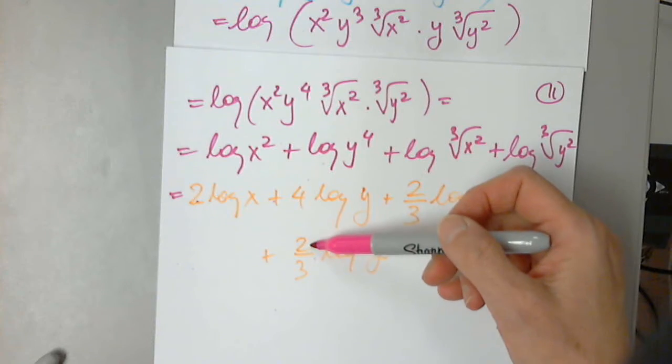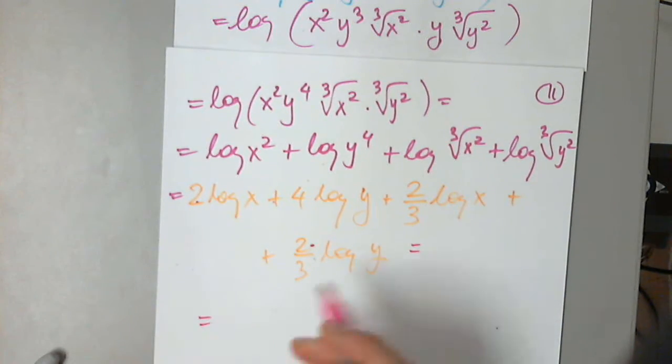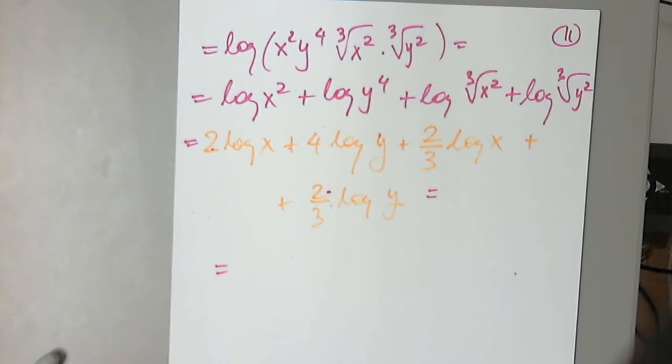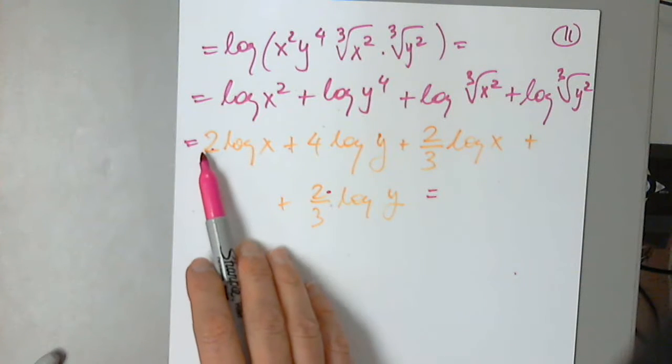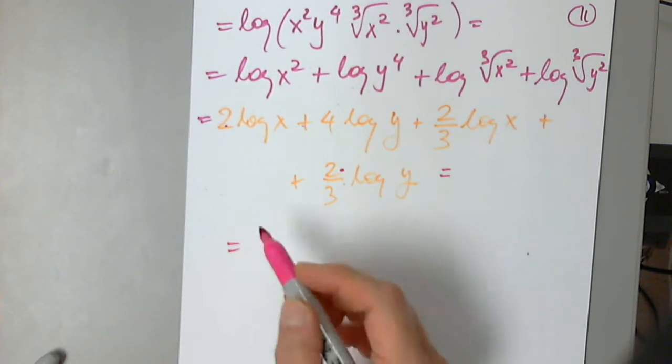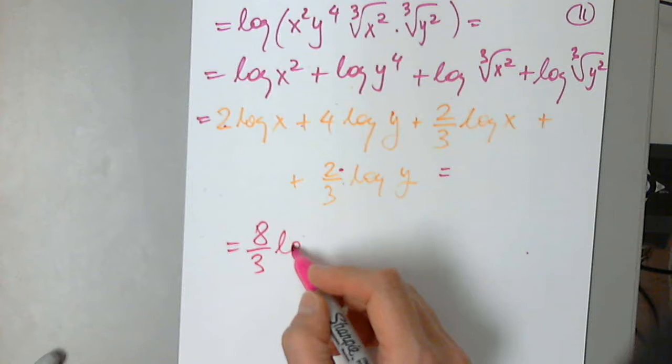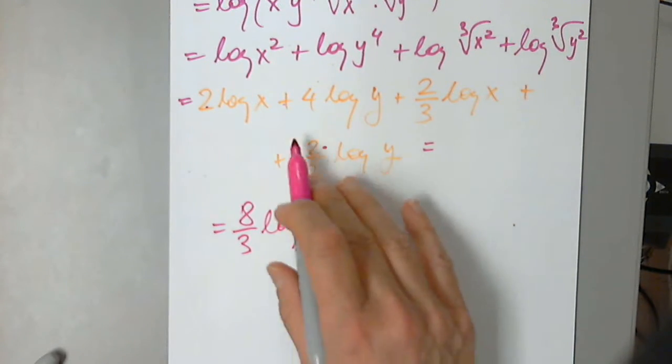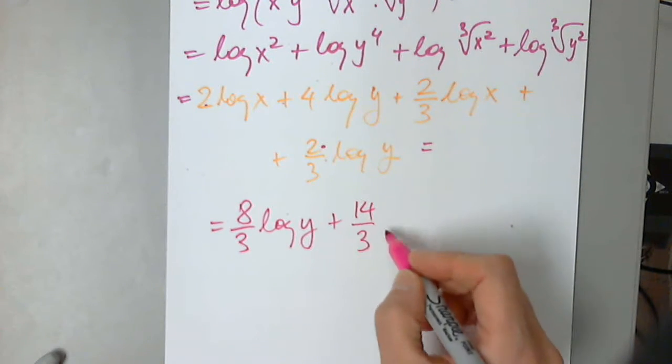So 2 plus 2/3. We multiply the top by 3. 6 plus 2 is 8, so 8/3 log x.